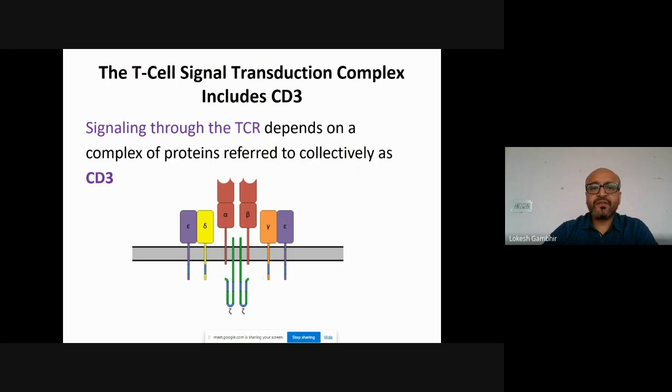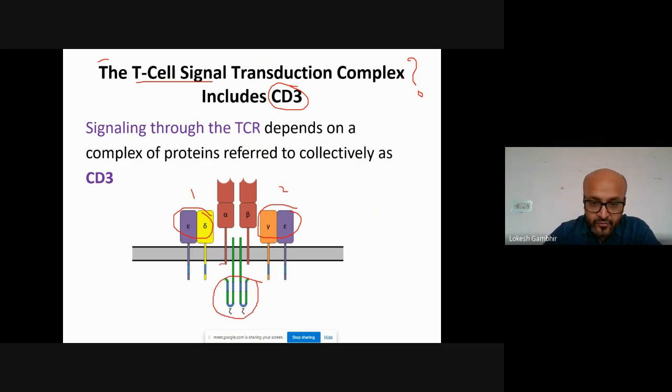So once you have understood the complete etiology of the T cell signaling or the T cell receptor, then how that signal is transduced inside the nucleus, we understood that there is a complex called CD3. Now this CD3, I told you, is a heterodimer of gamma epsilon or delta epsilon. So there are two heterodimers, and then occasionally there is a homodimer present called the zeta chain.